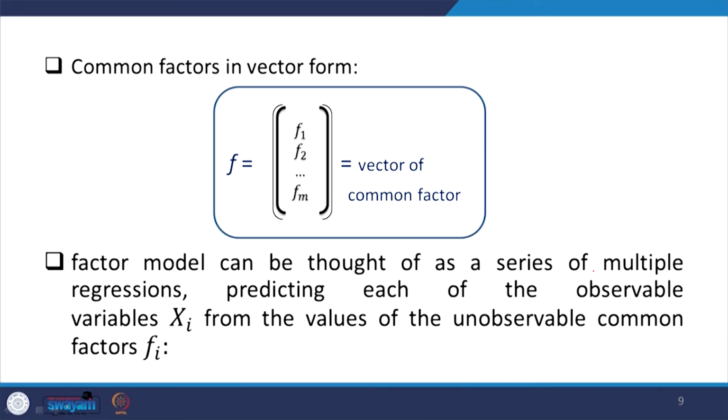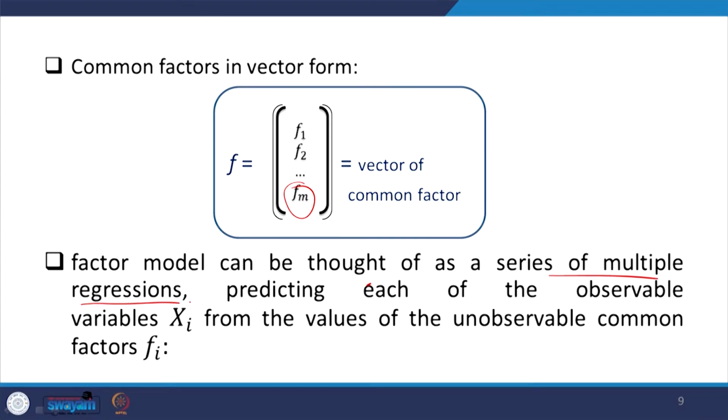Okay. So, the common factors can also be presented in a column vector, and that represents the m common factors. But the m common factors are actually derived using the p independent variable vector x. So, the factor model can be thought of as a series of multiple regressions.